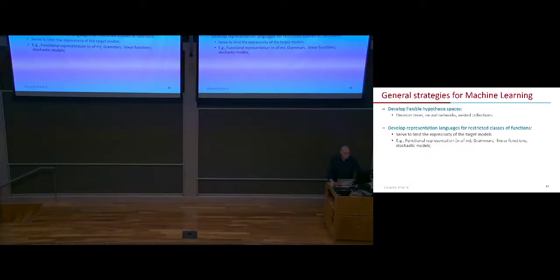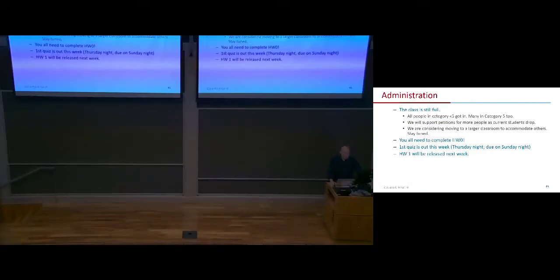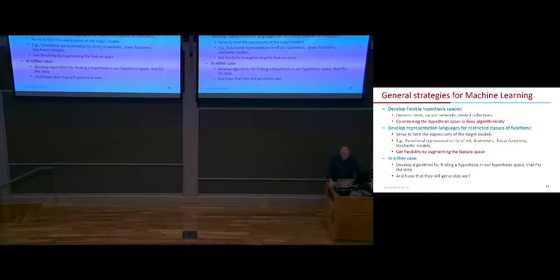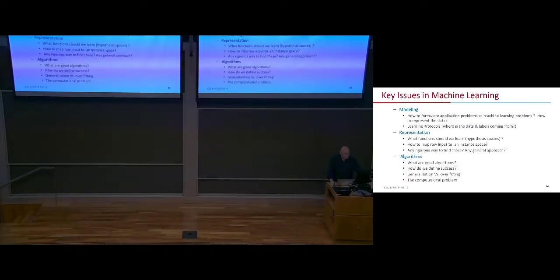And then we said that we're going to deal with 2 issues, and this is where I want to continue today. The issue of modeling: how to formulate application problems as machine learning problems, and what kind of learning protocols we are going to use when we do it.